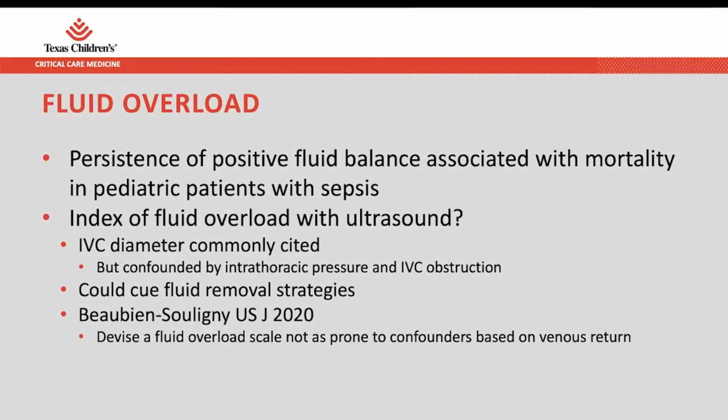But we know that just like CVP, there are also the confounders of other compartment pressures, and with a lot of the work that's been done at places like CHOP and in various other IVC-forward types of fluid resuscitation research, the literature is now rife with examples of how it doesn't help us, especially when the intrathoracic pressure is high, or we have variable compartment pressures also in the abdomen, or there can be measurement problems in terms of using M mode versus trying to use 2D measurements, and other factors as well, including RV failure and congestion from other sources.